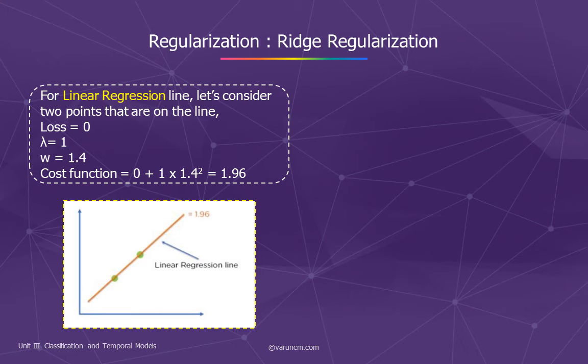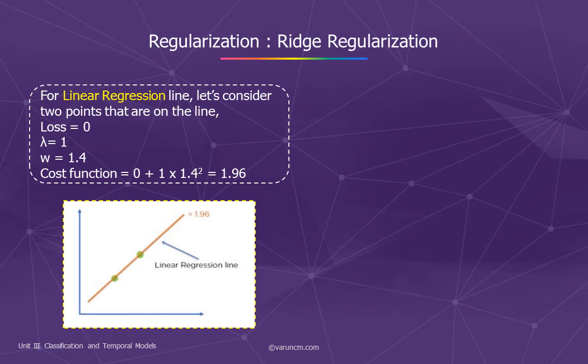In the curve, there are 2 points, and we perform linear regression on these points. In the linear regression model, the line passes through both the points, so automatically the loss is equal to 0. Here the loss is the residuals.